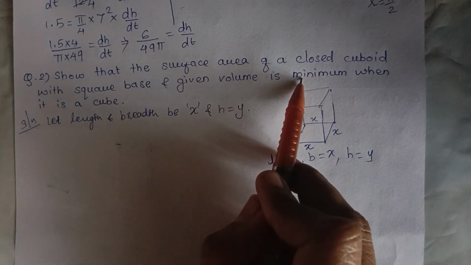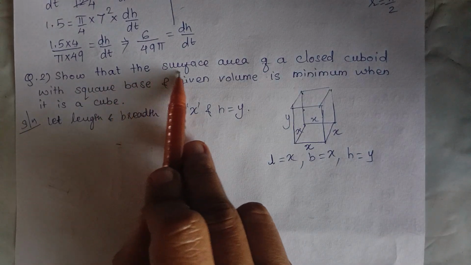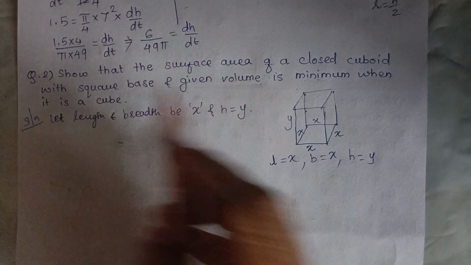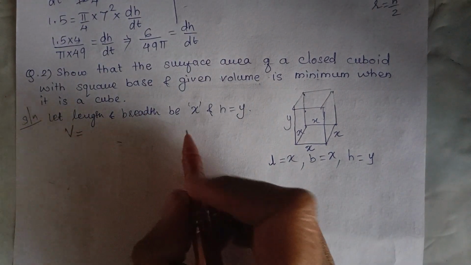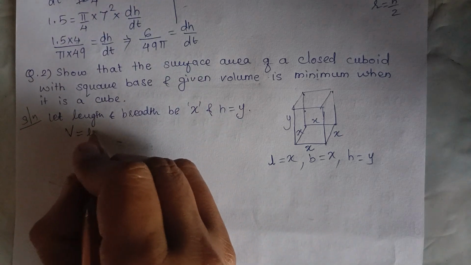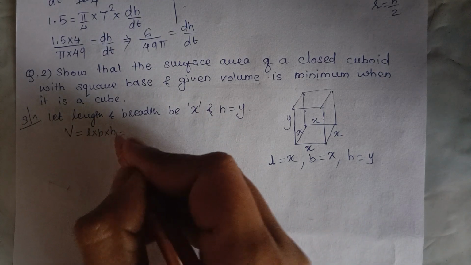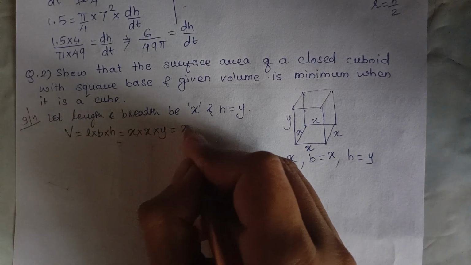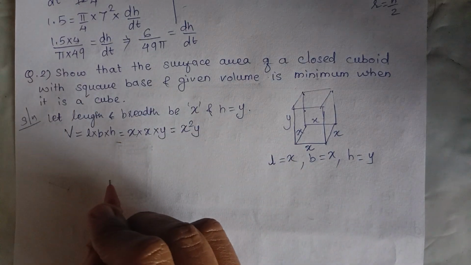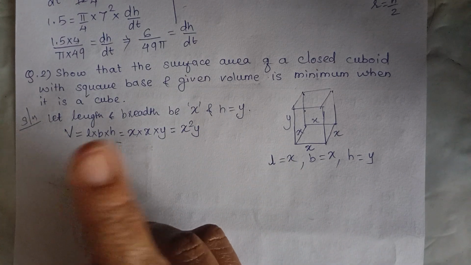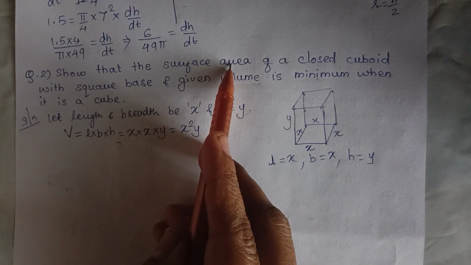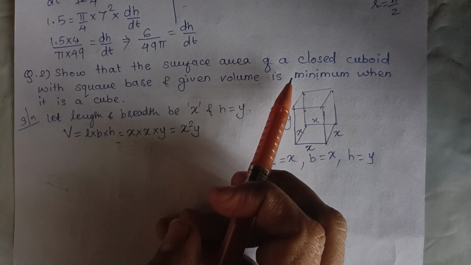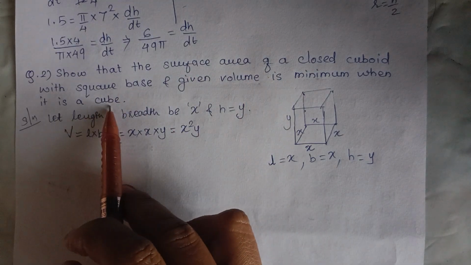So what is minimum? When the surface area is minimum, not volume. Volume is given, volume is fixed. Volume we can write as length into breadth into height, so length into breadth is x into y, so it is x square into y. So we have to differentiate surface area and not volume. Surface area we have to show minimum and when it is a cube.